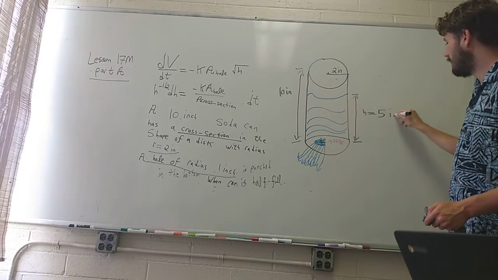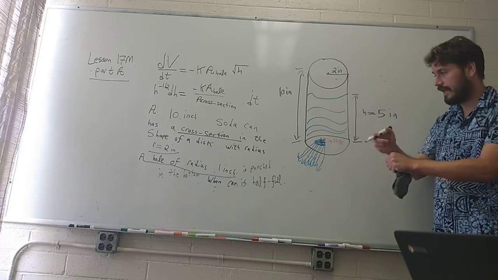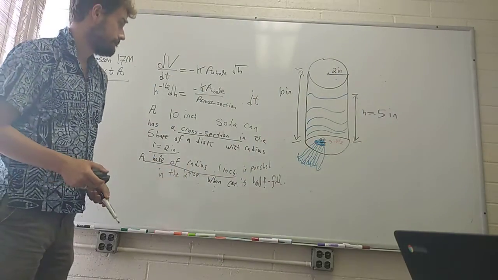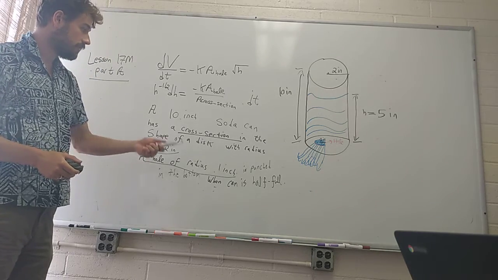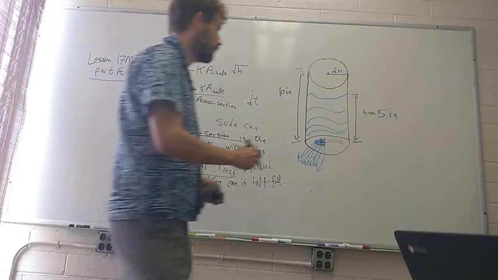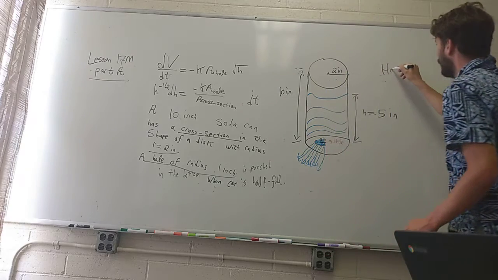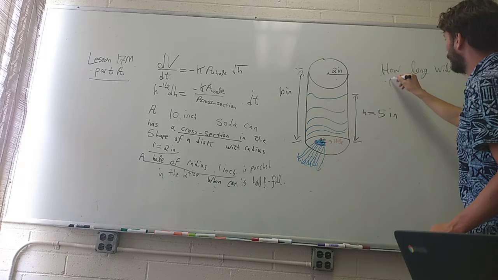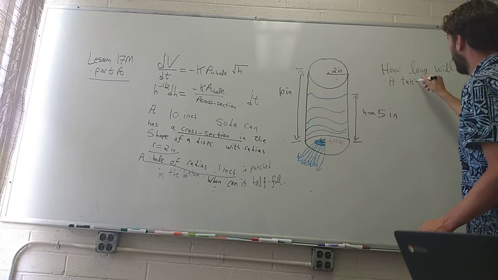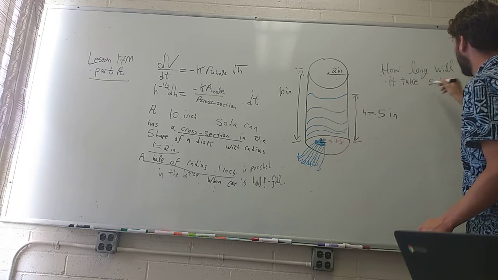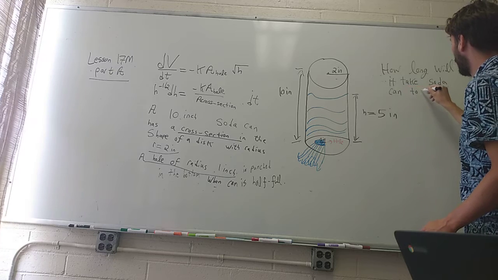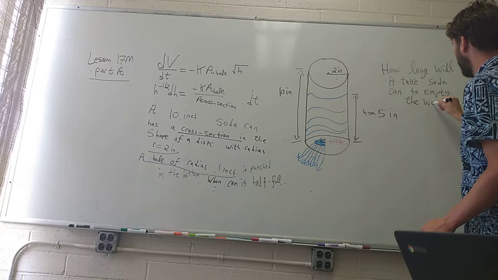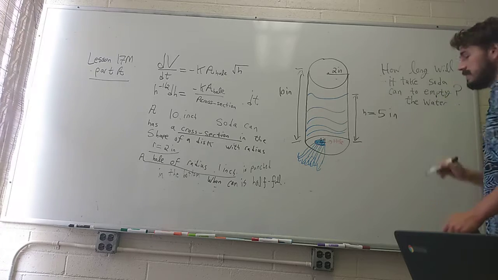So H is 5. The hole's punched in the bottom of the soda can, starts leaking out volumes of water. And our question is, how long will it take to empty the water?